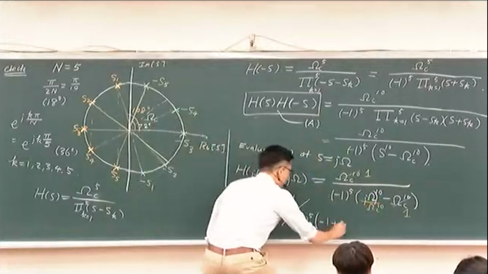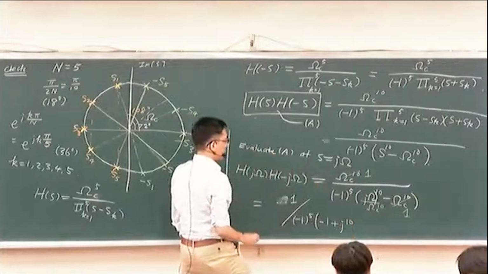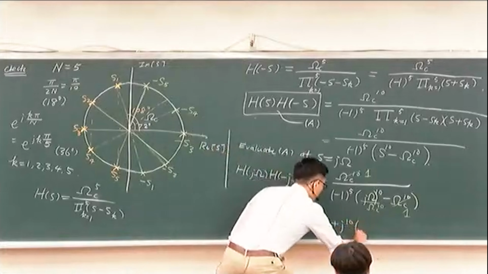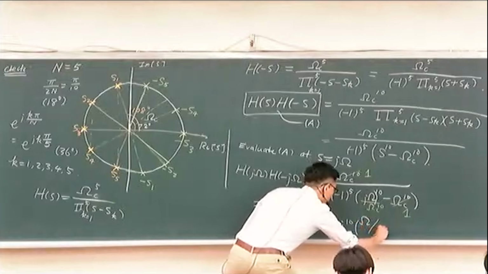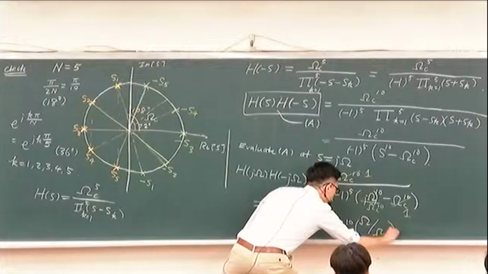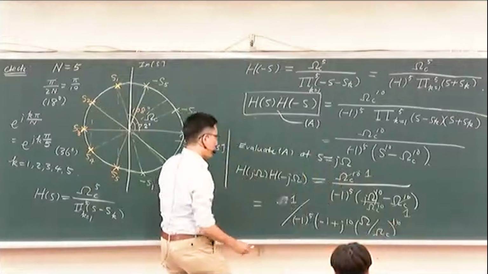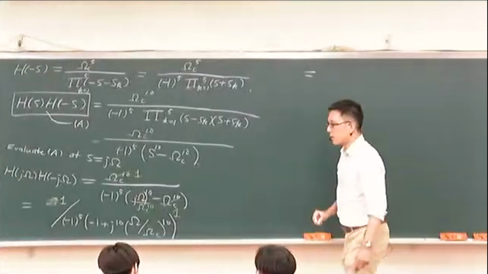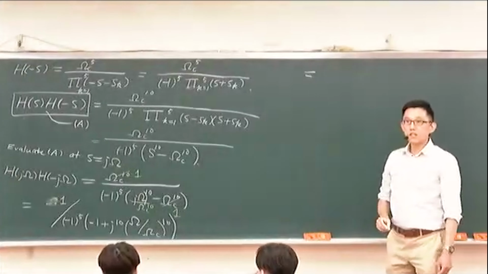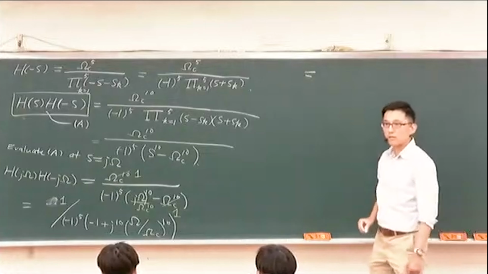Now, j to the 10th power and omega divided by omega c to the 10th power. So that's what we have at the bottom. So what is j to the 10th power? J squared is minus 1, so j to the 10th power is minus 1. Right?